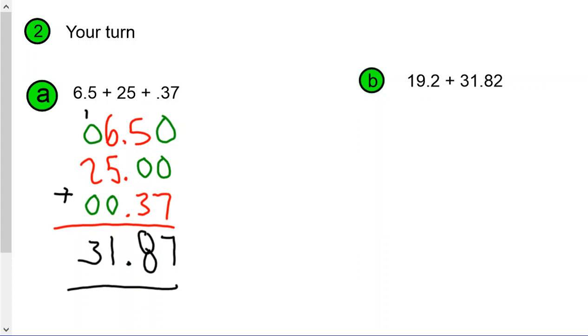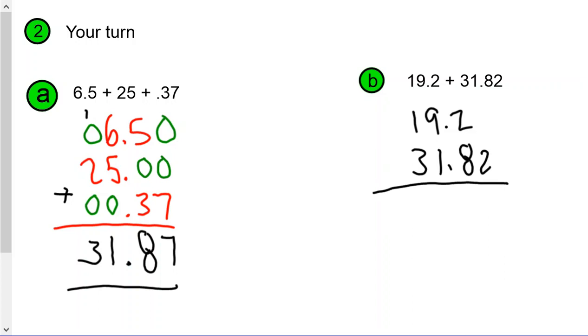All right, take a look at B. We got 19.2 plus 31.82.